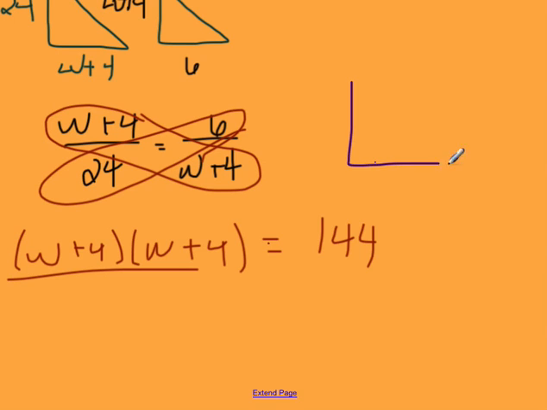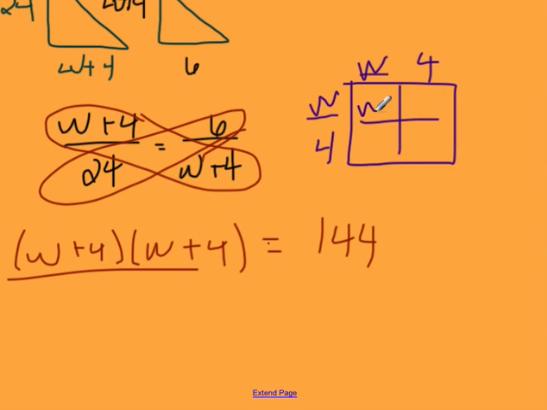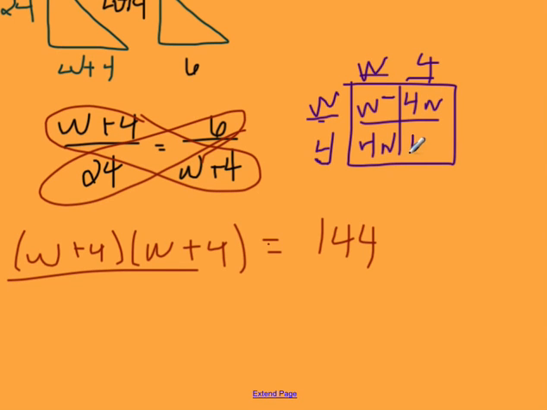That's where we set it up kind of like a Punnett square like you do in biology. So we have W plus 4, I'm just writing the terms across the top and writing them down the side. This should be a review to you from last year. So W to the first times W to the first is W squared. 4 times W is 4W. 4 times W is 4W. 4 times 4 is 16.